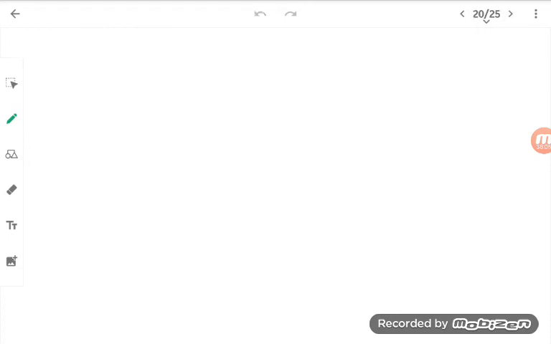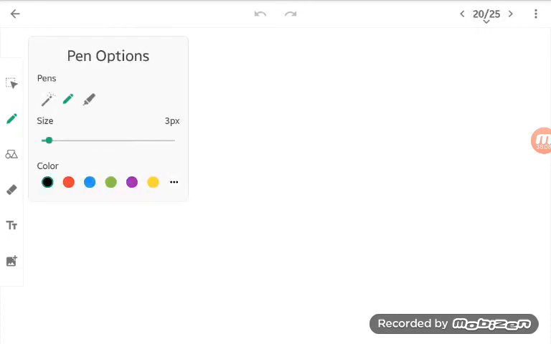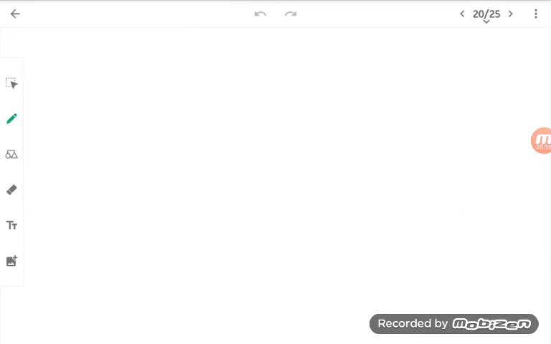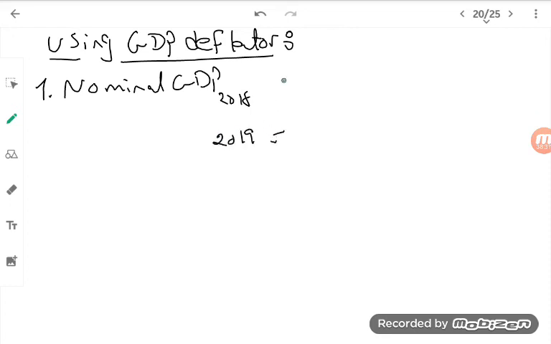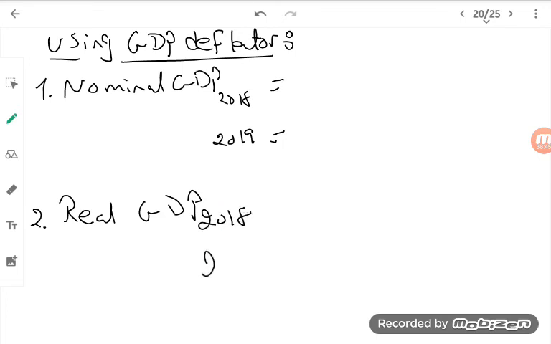This is the calculation of the inflation rate using CPI. Now we would like to calculate using the GDP deflator. In order to calculate using the GDP deflator, first we have to calculate nominal GDP 2018 and 2019. Then real GDP 2018 and 2019.